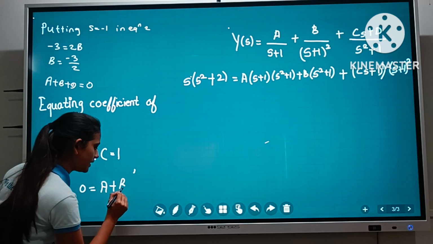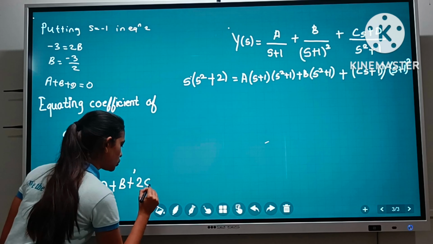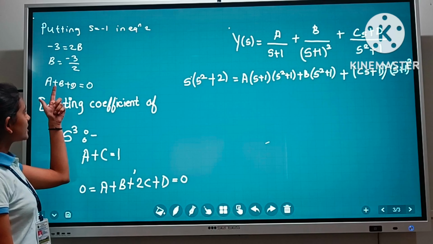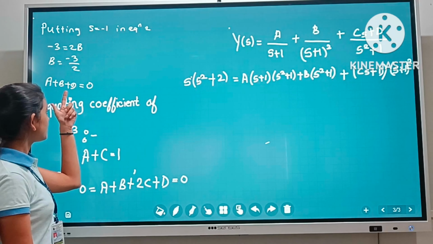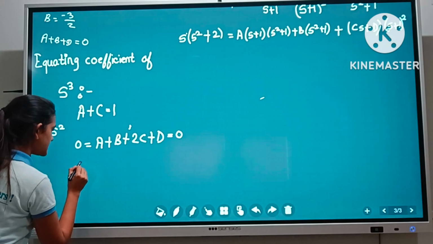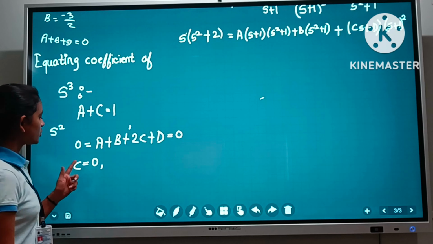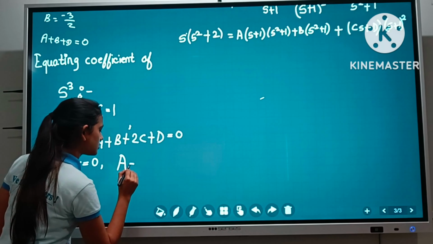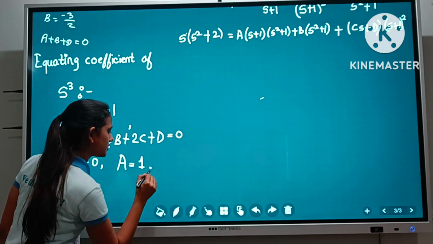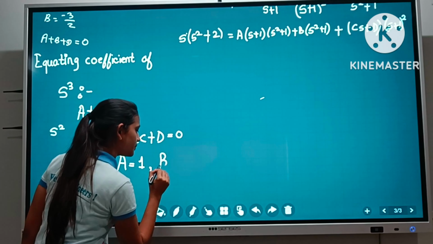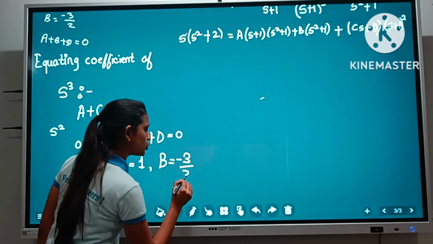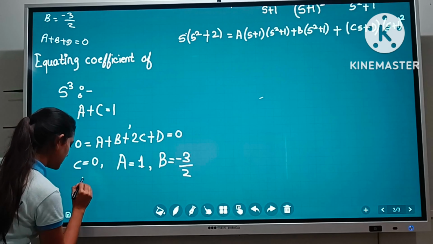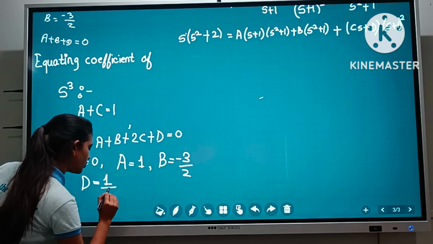Now comparing the coefficient of s square, we get a plus b plus 2c plus d is equal to 0. Now we have the value of a plus b plus d. Substituting it into this equation, we get c is equal to 0. Now substituting the value of c in this equation, we get a is equal to 1. We have the value of b equal to minus 3 upon 2, and substituting the values, we get d is equal to 1 upon 2.